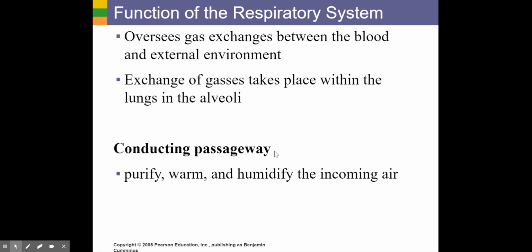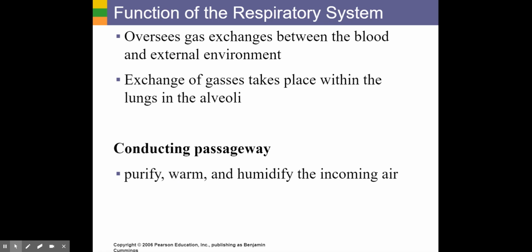The conduction passageway itself does have some basic functions. It's there to help purify. So when we breathe in through our nose, a lot of those large impurities, things like mold, pollen, dust, viruses, and things like that, fall out within the nose. It also is there to help warm that air as it goes into the lungs.